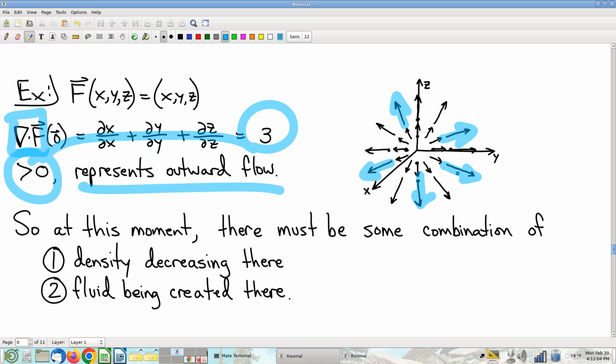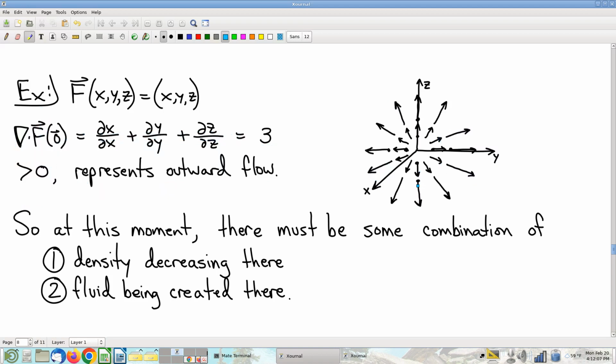And I think you could probably imagine that if I were to toss a minus sign in front of all of these coordinates, thus giving me the exact negative vector field, that would have all of these arrows pointing inward, and the divergence, if you were to compute it, would be negative. And so negative means fluid flowing inward toward a point, that being the negative of outward from a point. Yeah? All right?